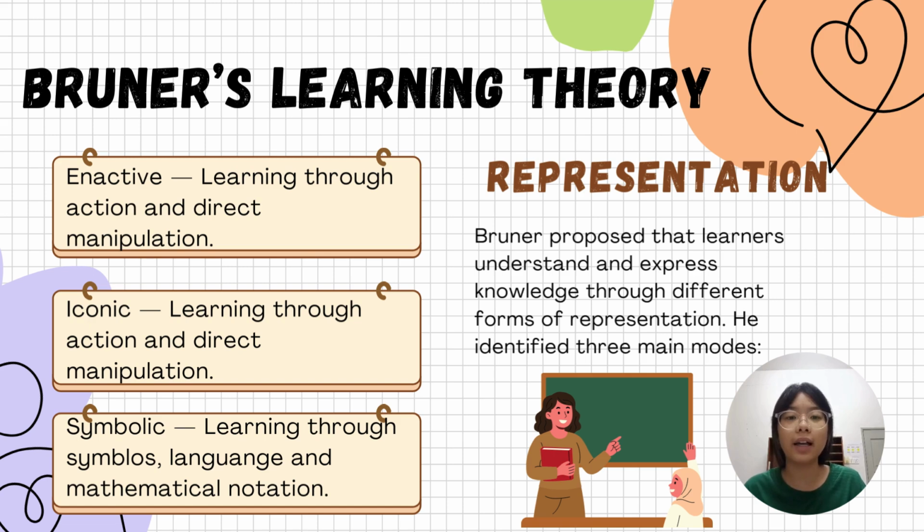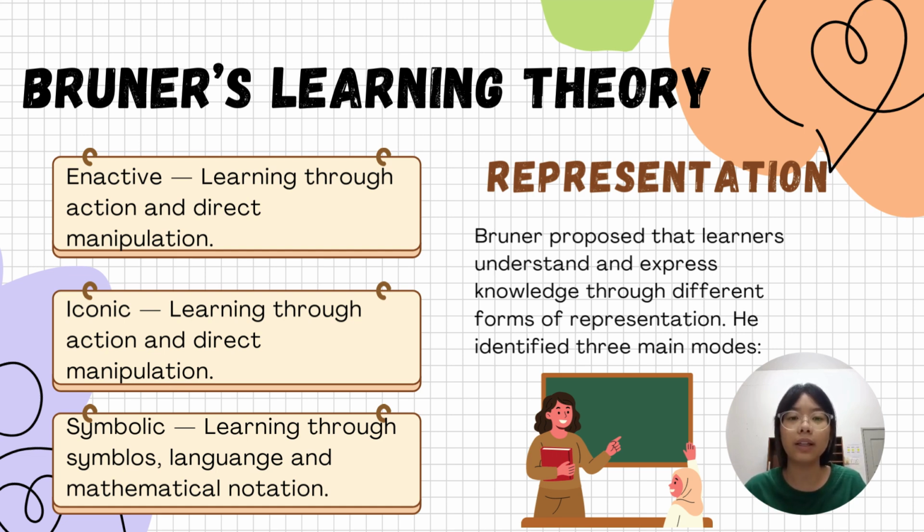The second is iconic representation, which means learning through images, diagrams, or visual models. Students can draw the triangles they made or look at diagrams showing different types of angles. This helps them to see the patterns and understand the concept visually.